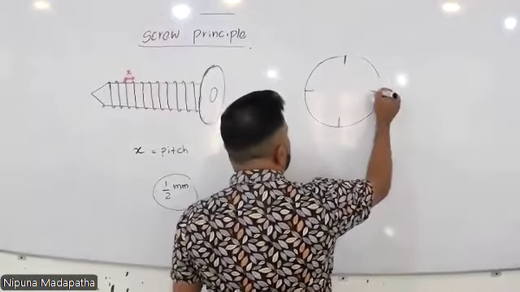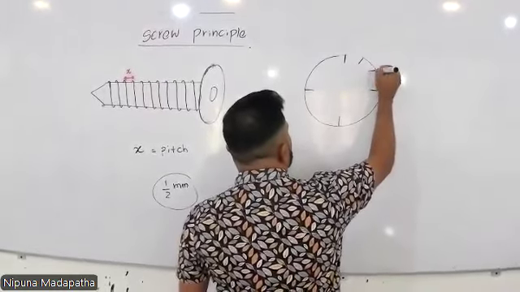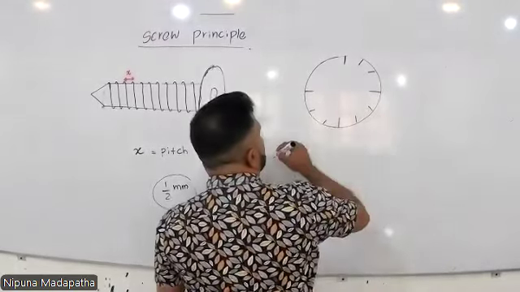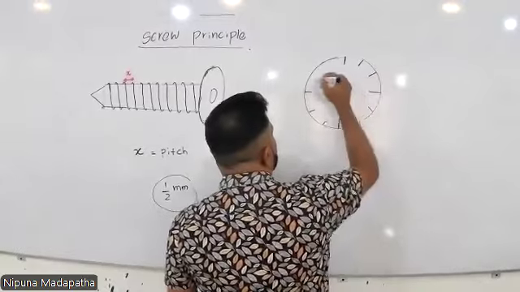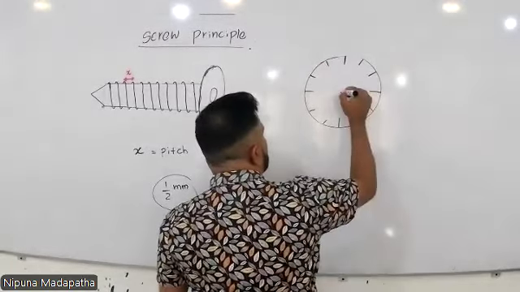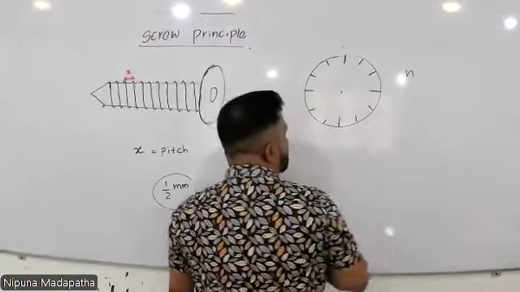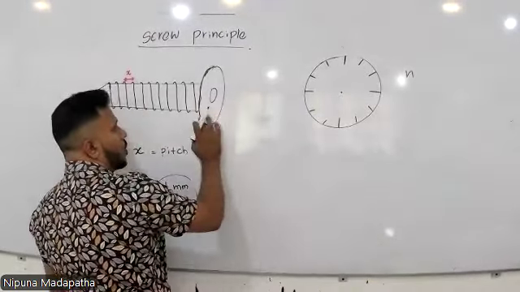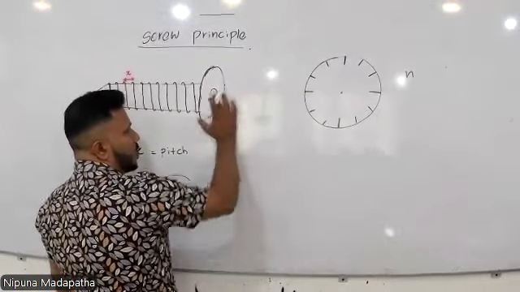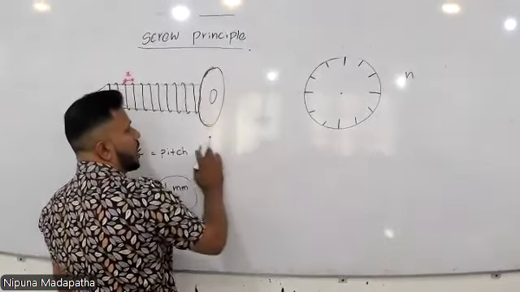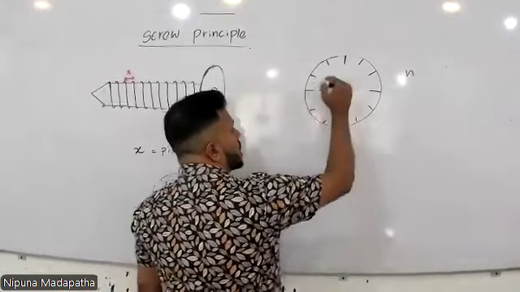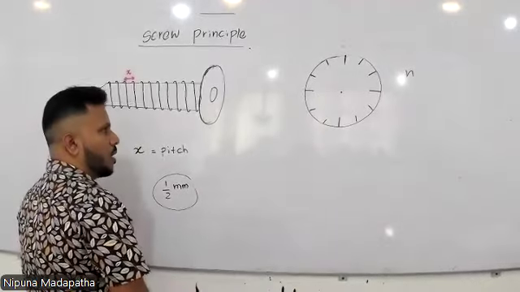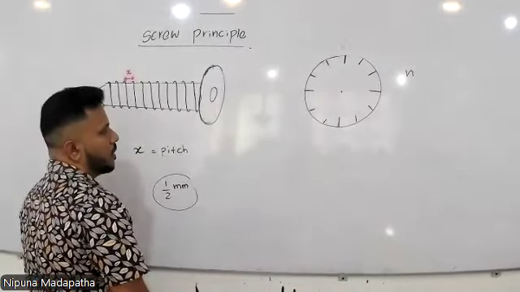Suppose we divide this circular part into n equal divisions.